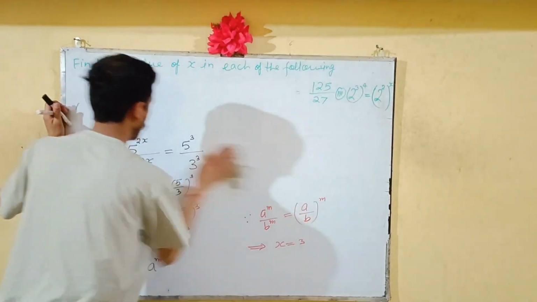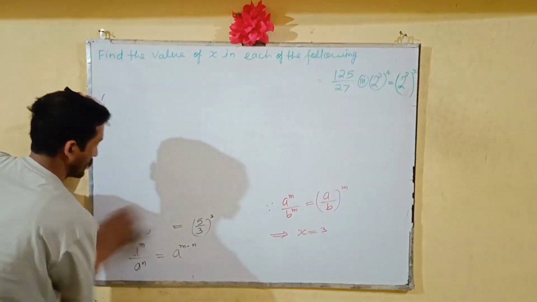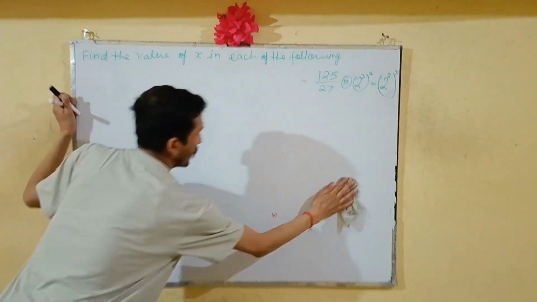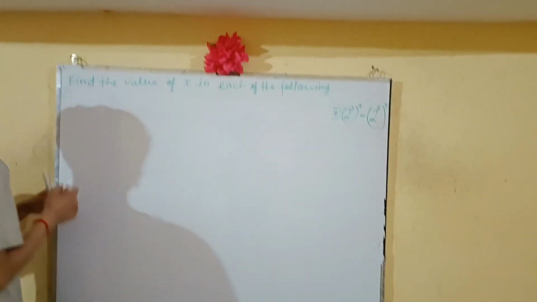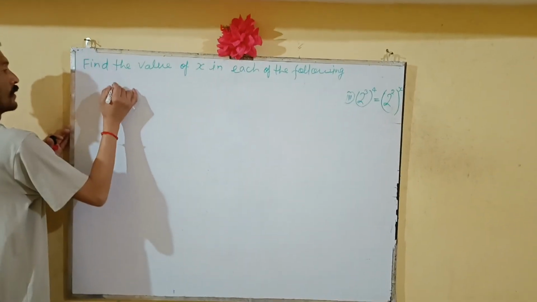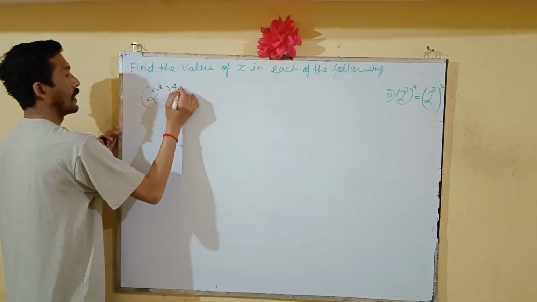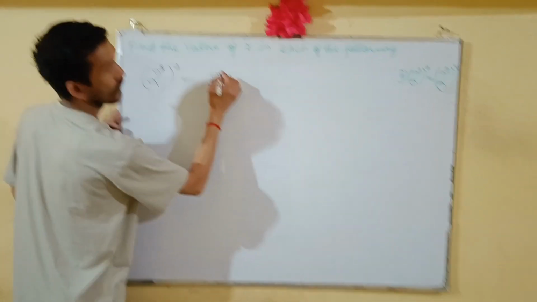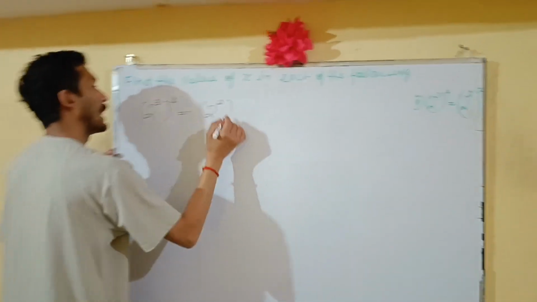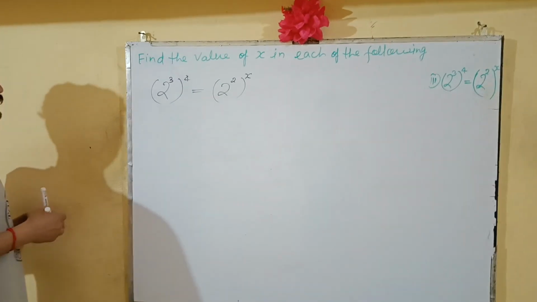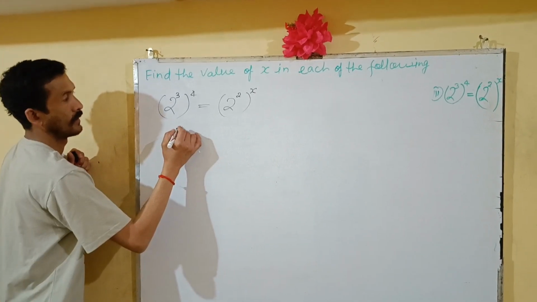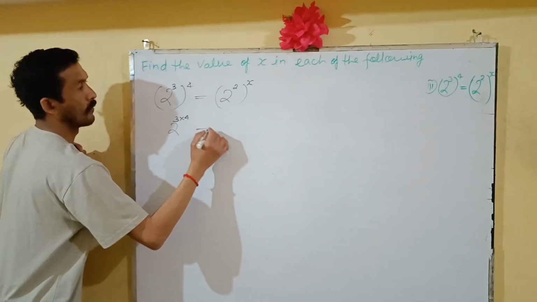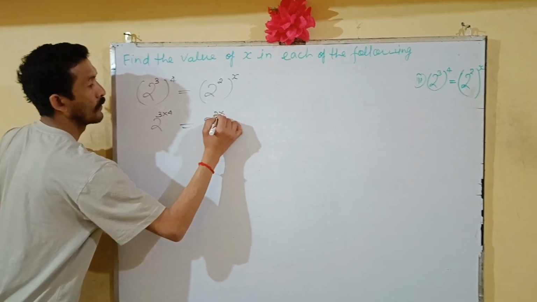Now (2 cube) to the power 4 equals (2 square) to the power x. 2 to the power 3 into 4 equals 2 to the power 2 into x.